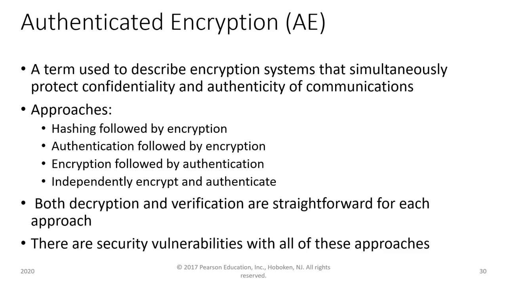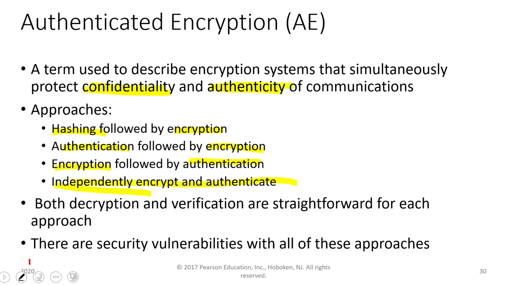So this is where things like the approaches where we were looking at using hashing and encryption one after the other, or authentication and encryption, or encryption and authentication, or independently doing these things. So these are some of the approaches whereby we are achieving both of these things, confidentiality and authenticity.